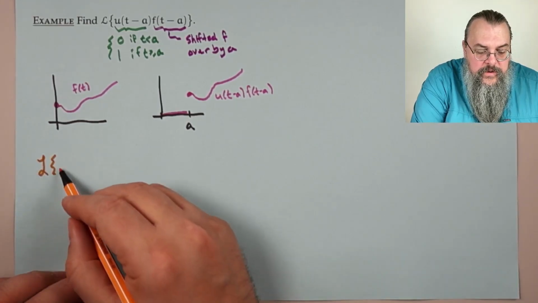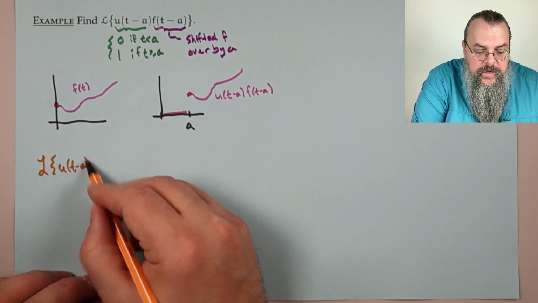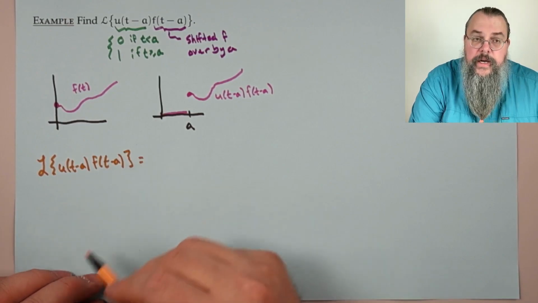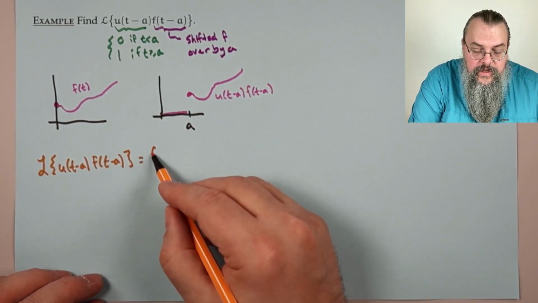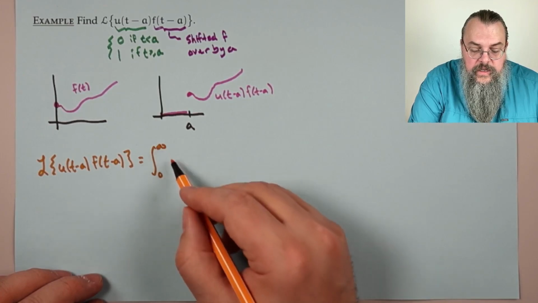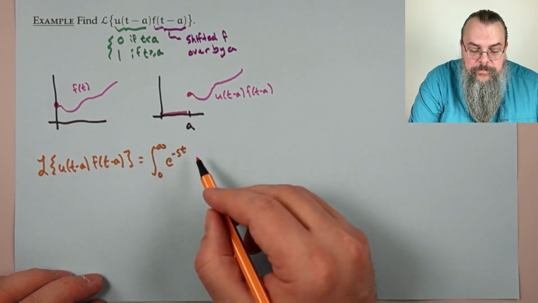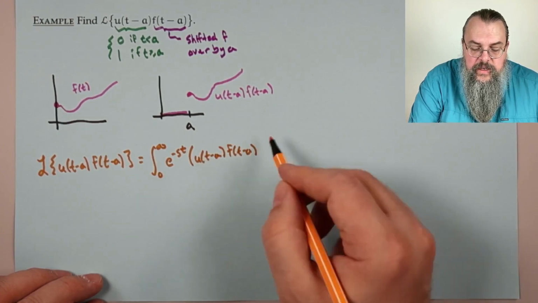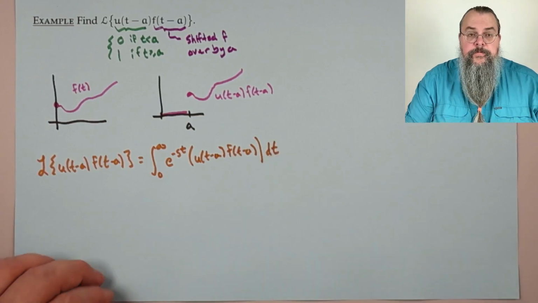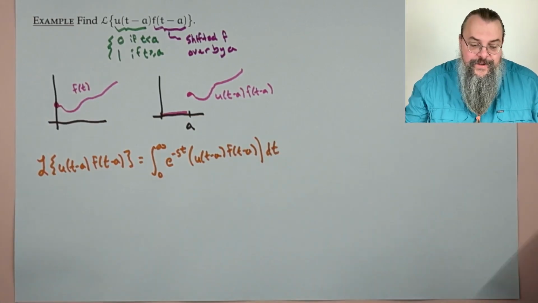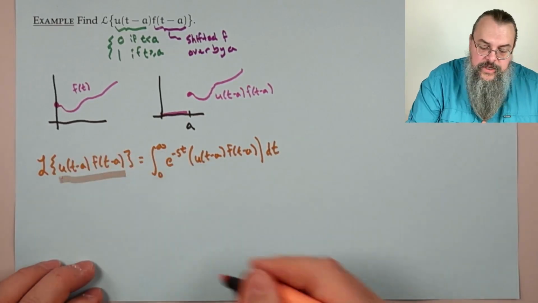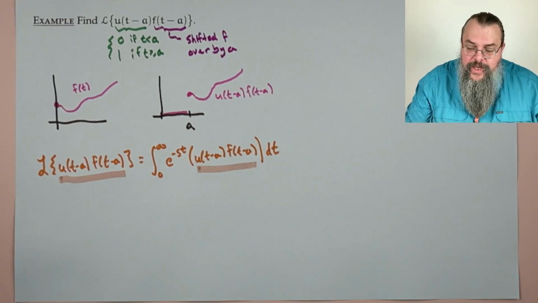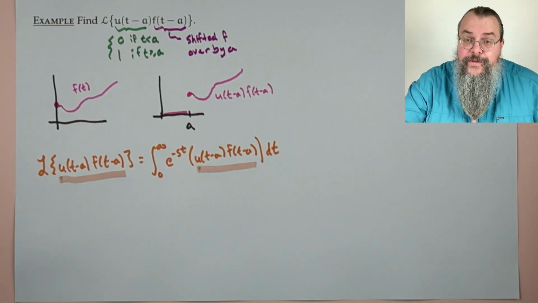We want to find the Laplace transform of u(t minus a) f(t minus a), and we say, all right, by definition, this is the integral from 0 to infinity of e to the minus st times u of t minus a, f of t minus a, dt, right? Because whatever it is that you plug into the Laplace transform, you just put it into the integral.